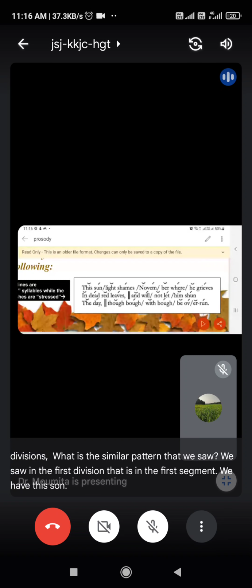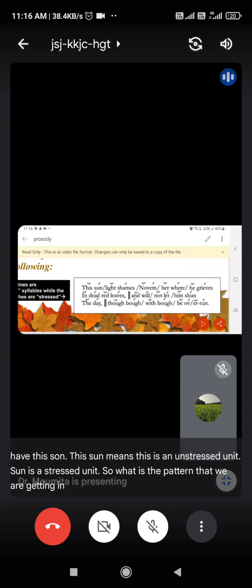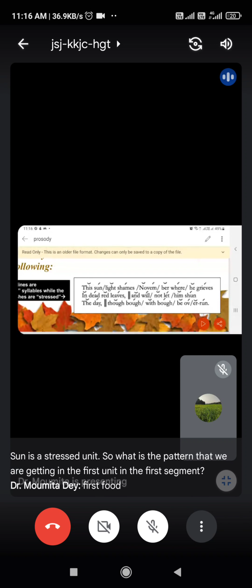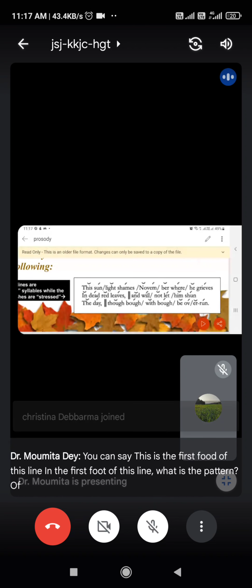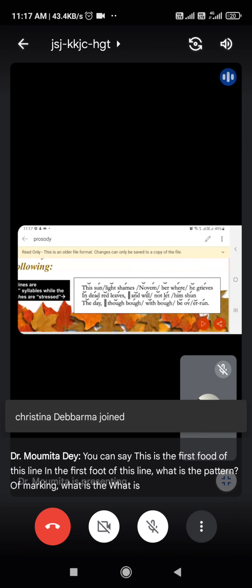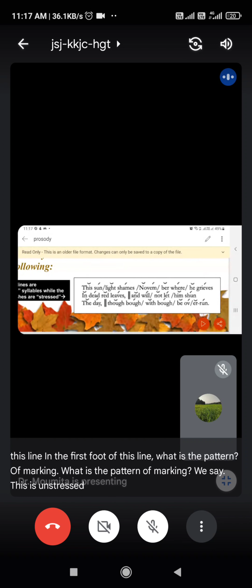This is an unstressed unit, sun is a stressed unit. So what is the pattern that we are getting in the first segment? You can say this is the first foot of this line. In the first foot of this line, what is the pattern of marking? We say this is unstressed, stressed.